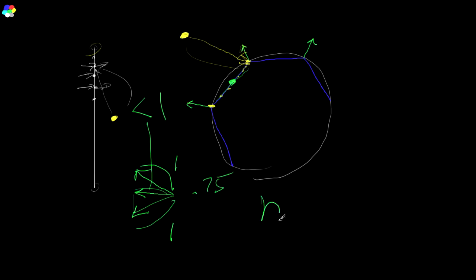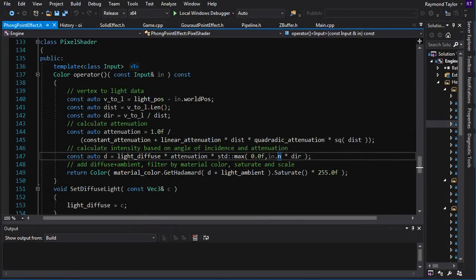Then when we do the dot product of our quote-unquote normal with the light normal, we're actually going to be attenuating by an additional 0.75. We're losing intensity because we haven't actually normalized this guy back to his unit length. So what we should be doing in here is in.n.getNormalized.